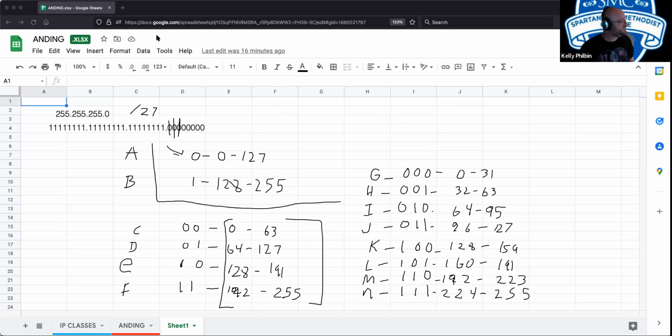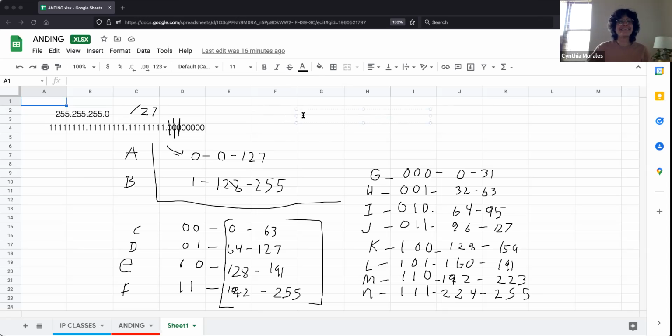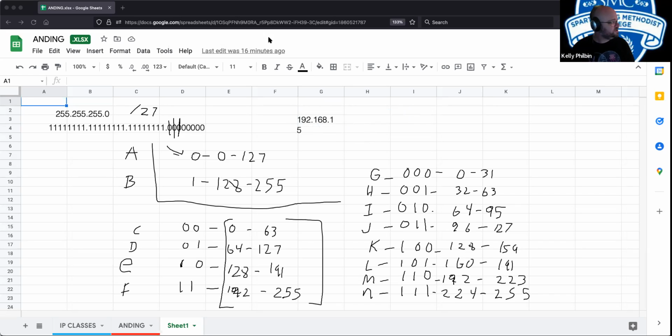All right, DW. 192.168.15.83/27. A through N, which group would you fall under?